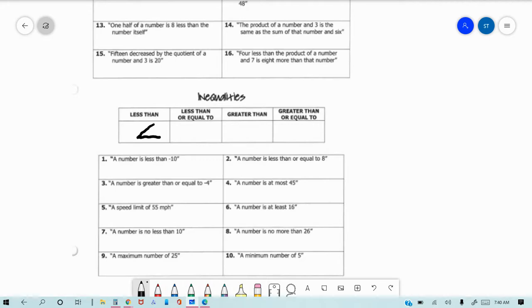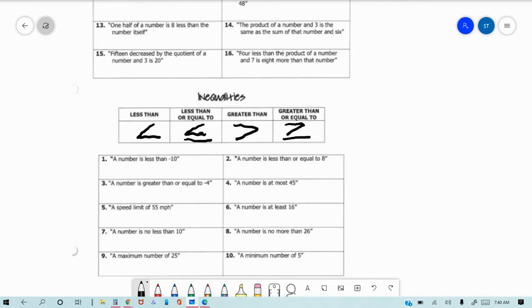So just remember that this is always less than, and this is always less than or equal to, which means it can be that number. Greater than always goes this direction, and it's always greater than no matter which side of the equation it goes on. And then greater than or equal to.